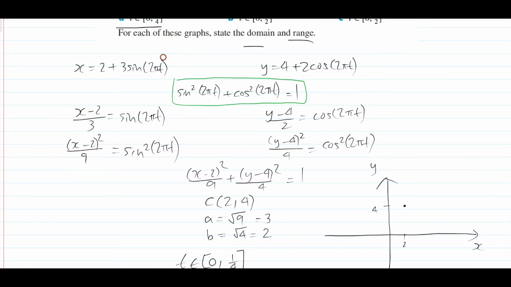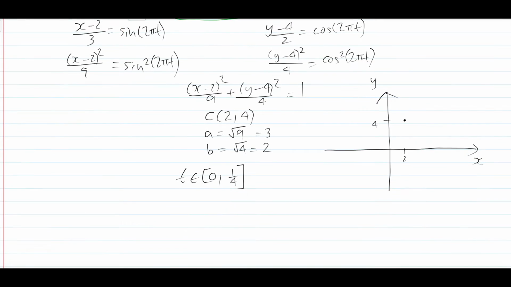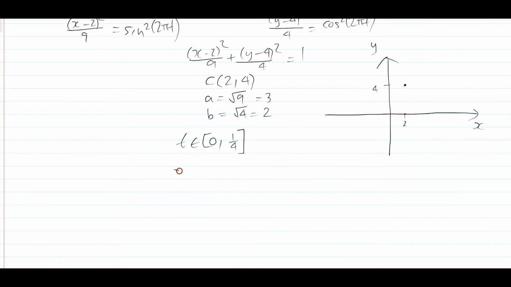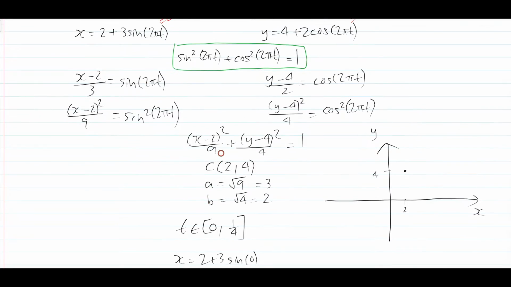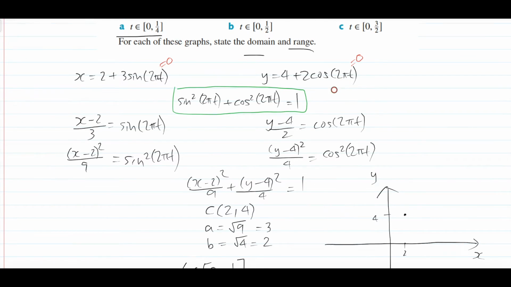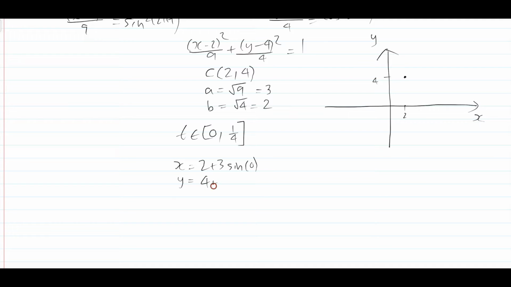So sub in t equals 0, and you get 0 inside the bracket for both of them. Write it down here so that's easy for you to see: x equals 2 plus 3 sine of 0, and for y you get 4 plus 2 cos of 0.